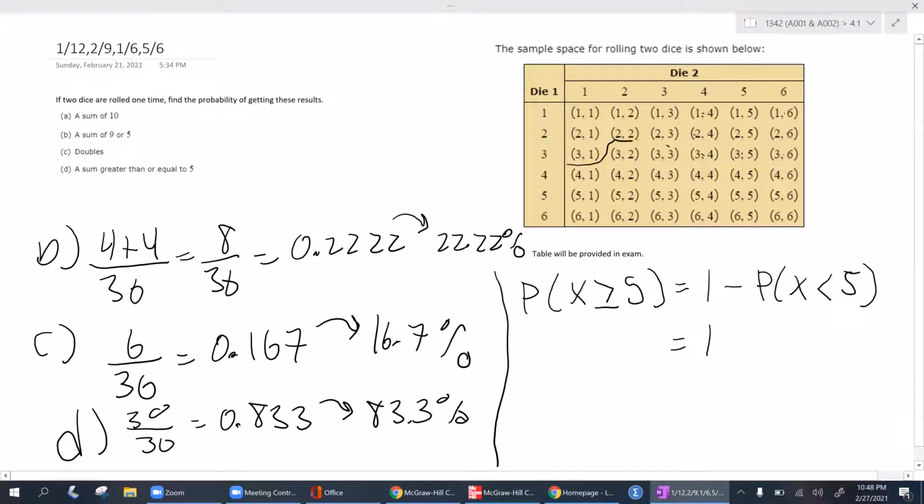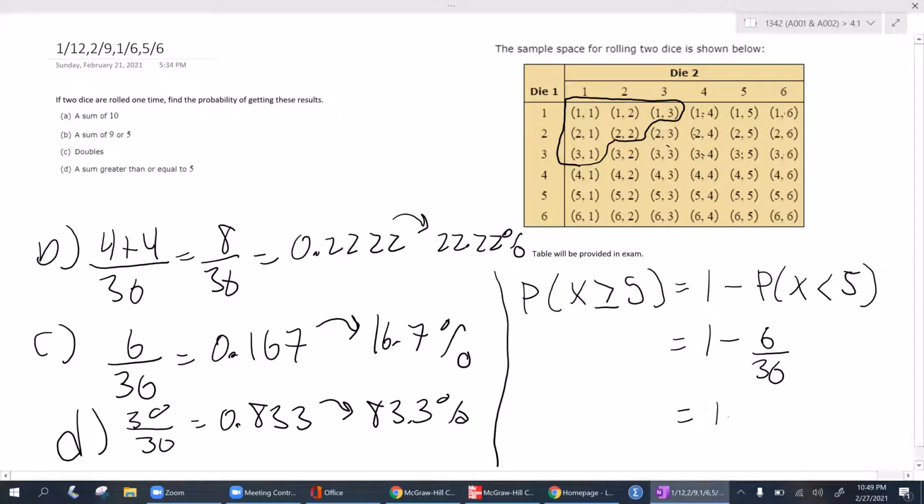And that happens here. If you look at that, that's much easier to count than that larger part. That right there is 1, 2, 3, 4, 5, 6. So it's going to be 6 over 36, which we know is 0.167.